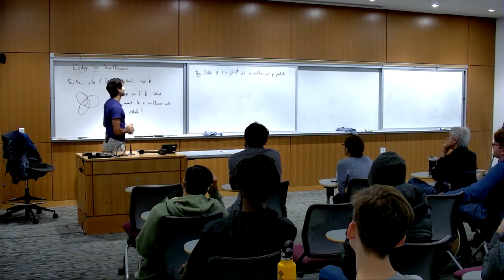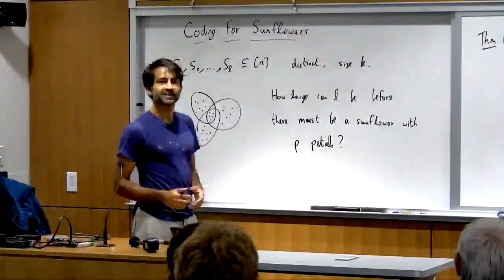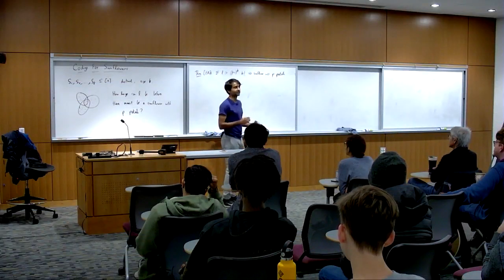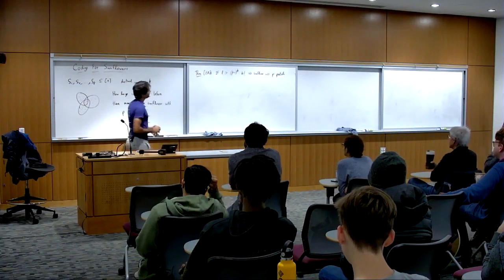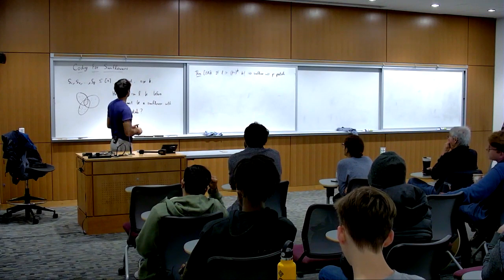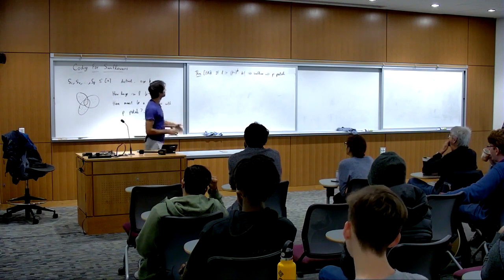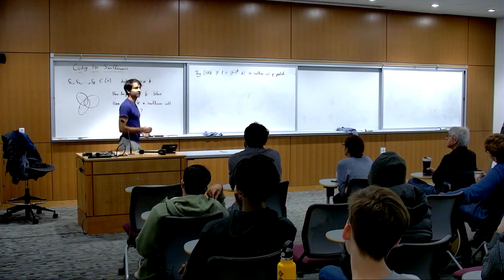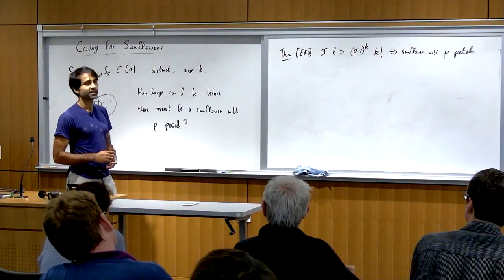That's one place where it was used. But since then, it's been used in many places in computer science, and also many places in mathematics. Shiva and I have a paper from last year where we used the sunflower lemma, or something like it, to show lower bounds for data structures that compute statistics of sets.